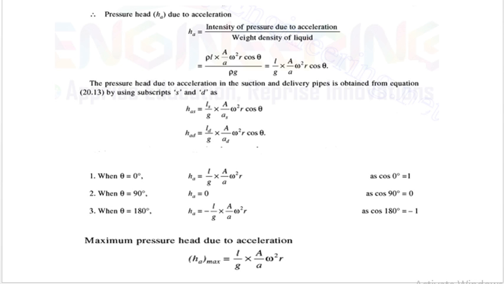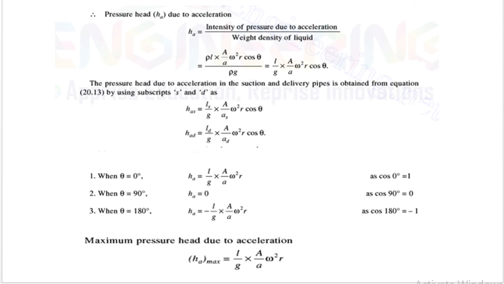It means when theta is 0 degree, when crank is at inner dead center, in that condition you can put theta is equal to 0. Theta is equal to 0, it means cos theta is equal to 1 and accelerative head is L by G, A by a omega square R, which is maximum.